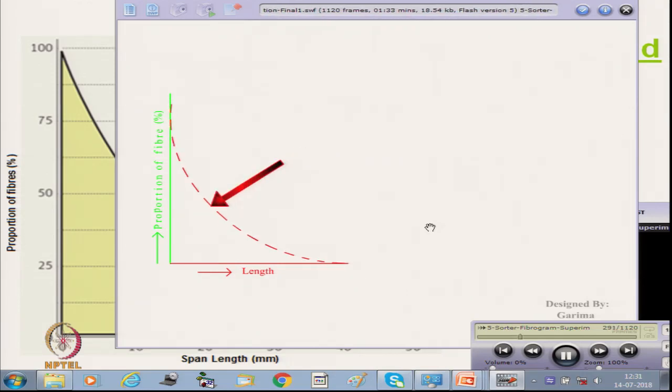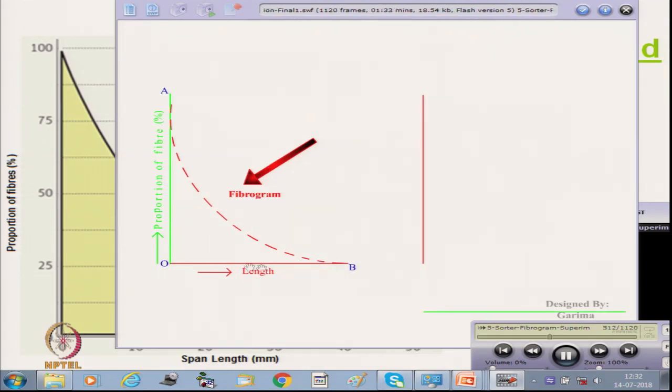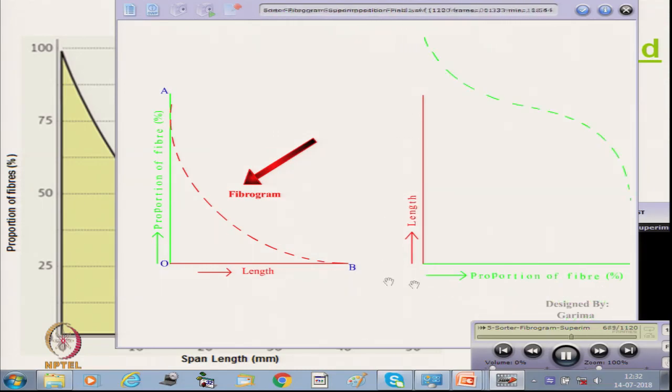For polyester you have seen, and this is the fibrogram of cotton. In the fibrogram, the X axis, the length direction, is shown in red color and proportion is shown in green color, and in the sorted diagram proportion is on the x axis and length is on the y axis, in red color. This is the sorted diagram.